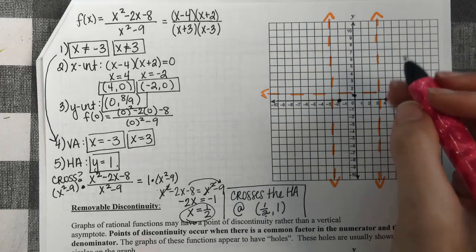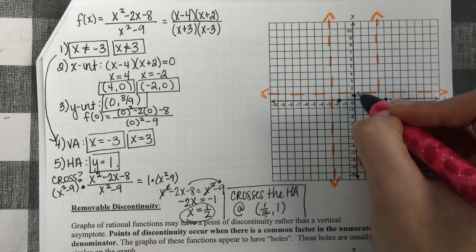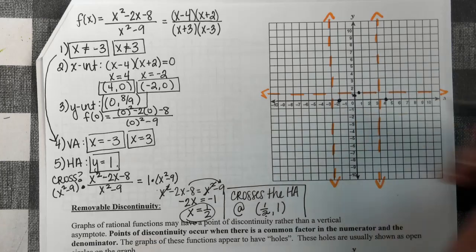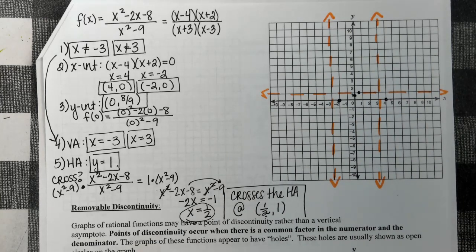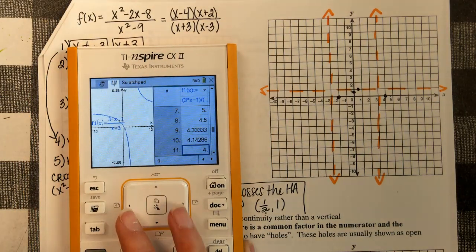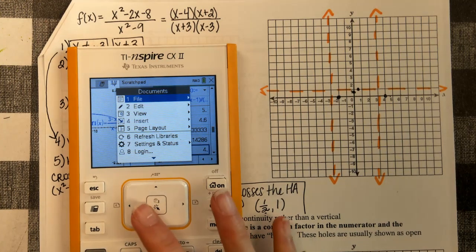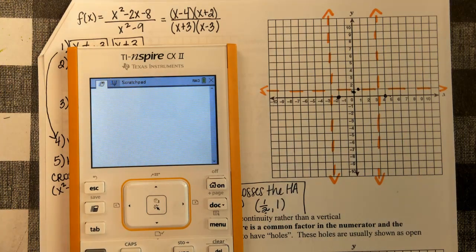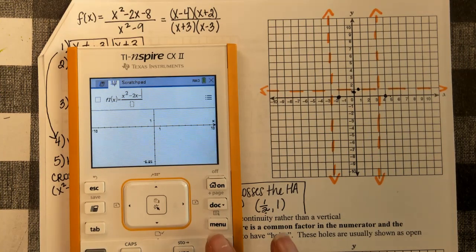And that (1/2, 1), I'm going to put a dot because I know it crosses right there. Once I do all of that, I'm going to go to my calculator, doc B, back to the graph, control divide, we'll get my fraction, and I'm going to type my x squared minus 2x minus 8 over the x squared minus 9.